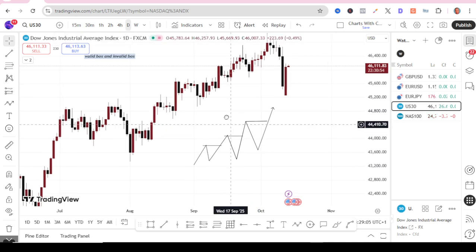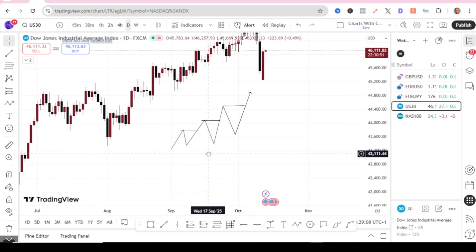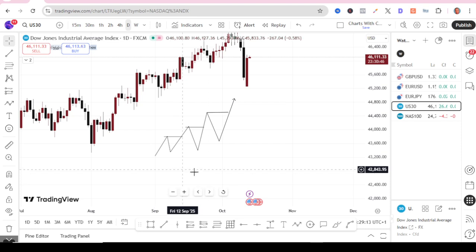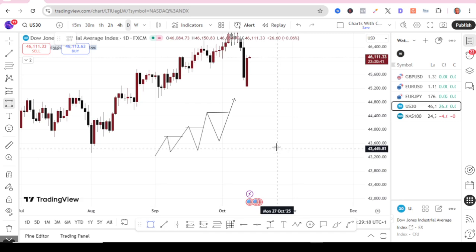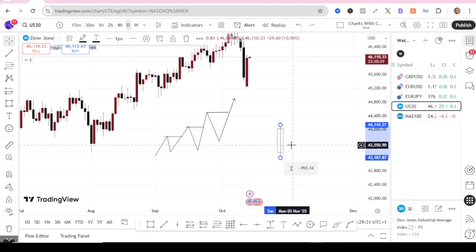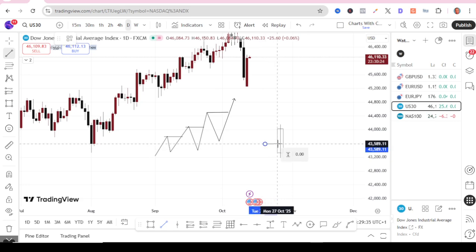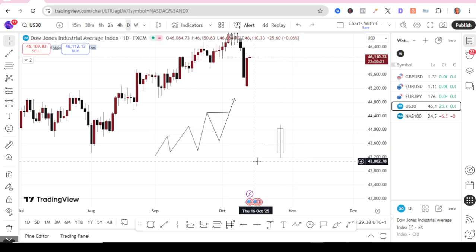Now one thing you also need to know is that a valid break of structure breaks with the candle close, right? So let's say this is your candle. A valid break of structure would break here, like so, this candle would close above this high.